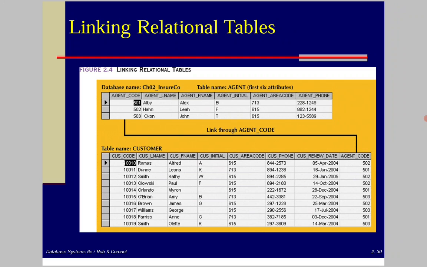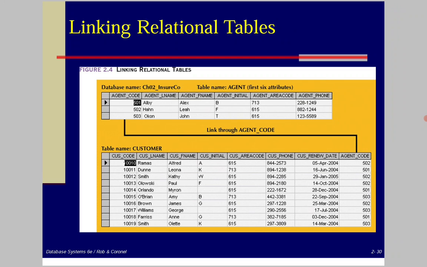Linking relational tables. So this is the simple example of a relational model. Generally in relational model we use different tables. Here we use two tables. The first one is insurance company, table name is agent. Second one is customer.